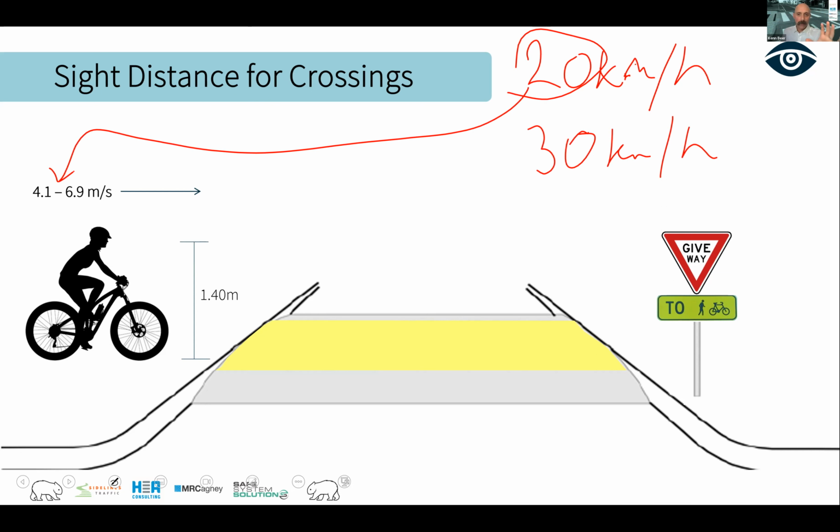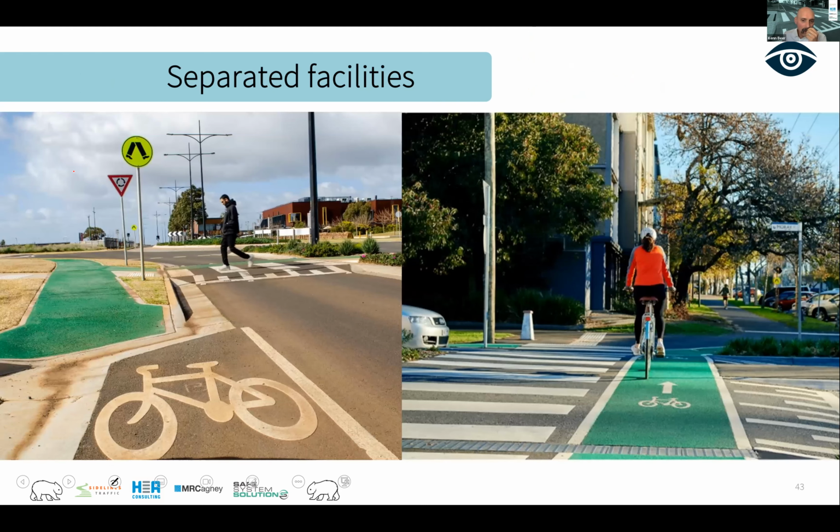Anyway, back to the principles that we're going for. There's the speed of the cyclist coming in, which is going to be much higher than the speed of somebody walking. Now, if you have these facilities where we've got that sort of crossing separation, so it's not a shared path, we've got a cycle facility next to a pedestrian priority crossing, you're really going to be taking the cyclist speed to ensure we've got sight lines catered for there.